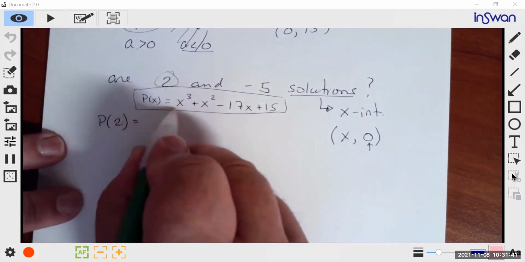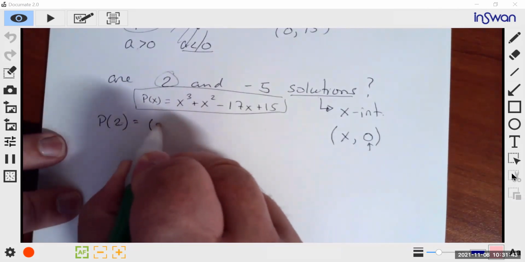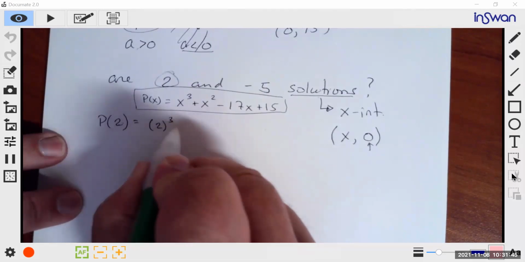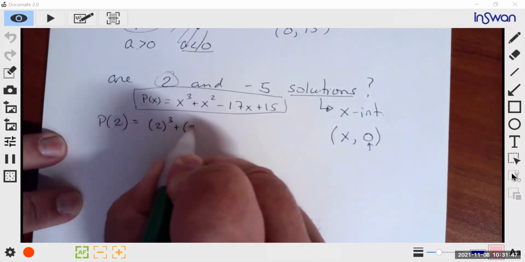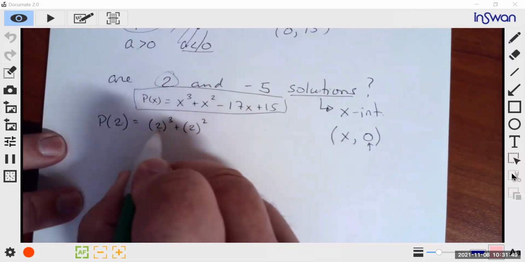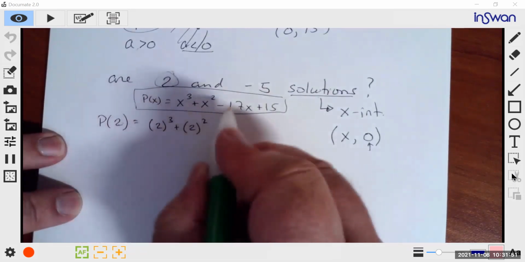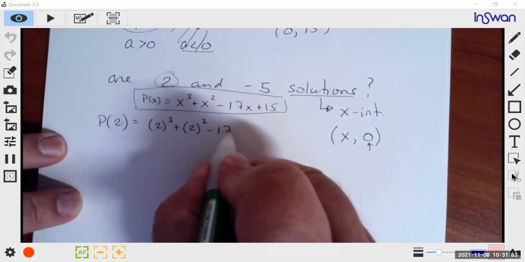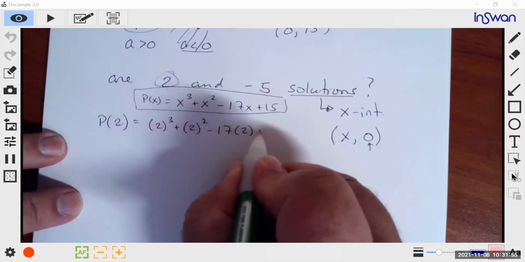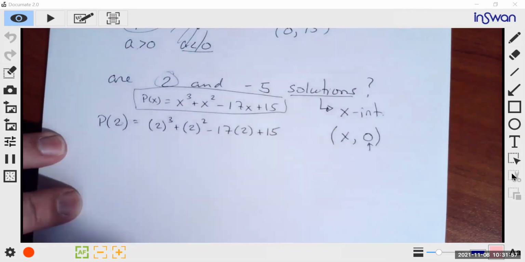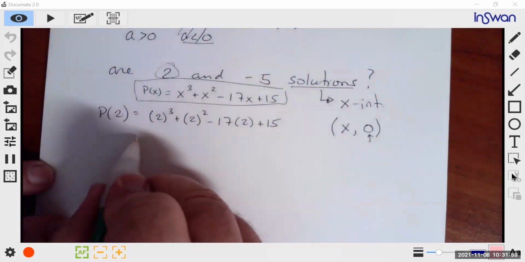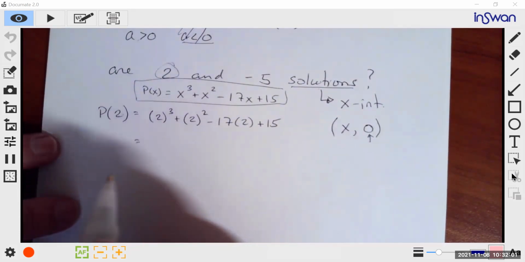Anywhere I see an x, I put a 2. So it's 2 cubed plus 2 squared minus 17 times 2 plus 15. And work it out.